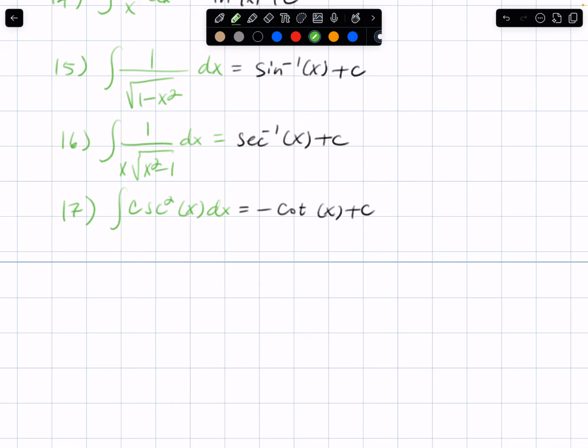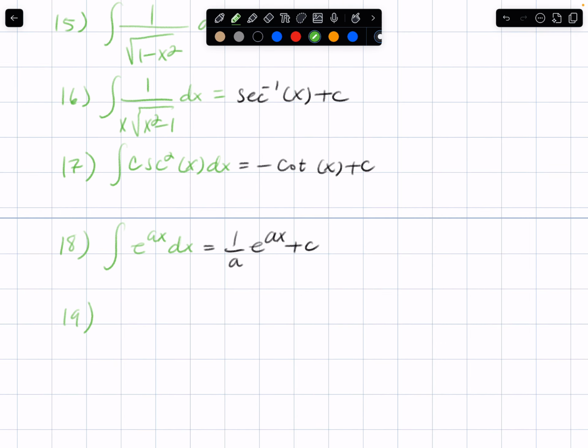And then the integral of e to the ax dx will turn into 1 over a e to the ax plus c.